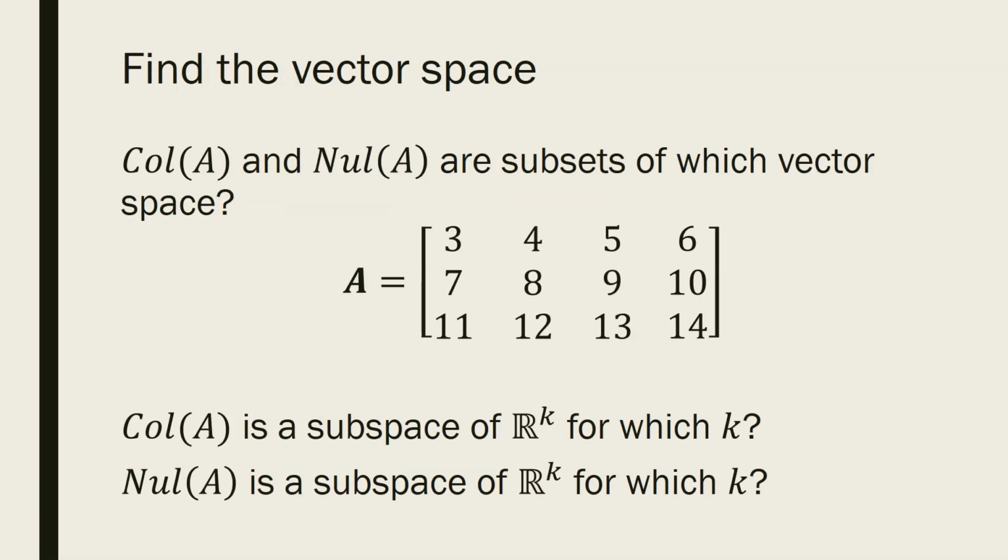Now we can answer that question without even having to find the null space and the column space. So let's say we have a matrix like this. It has 3 rows and 4 columns. The column space is a subspace of Rk for which value of k, and the null space is a subspace of Rk for which value of k?